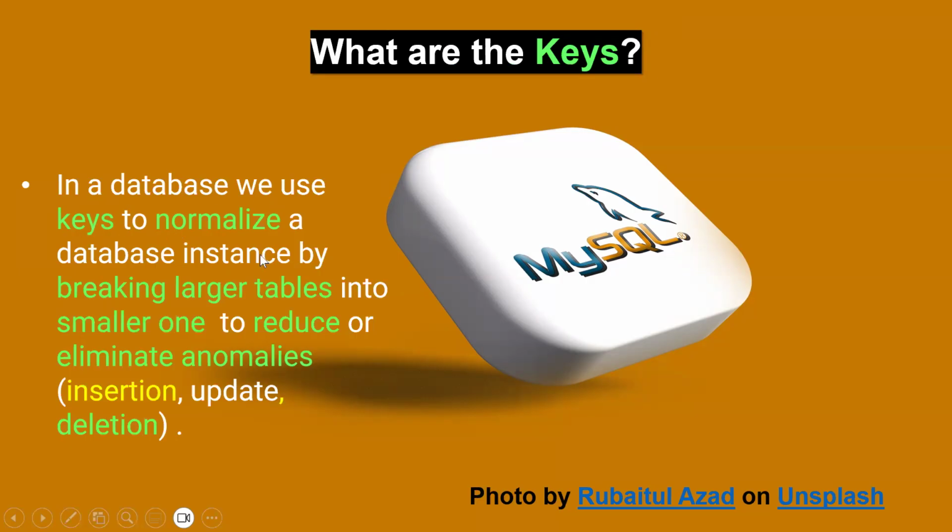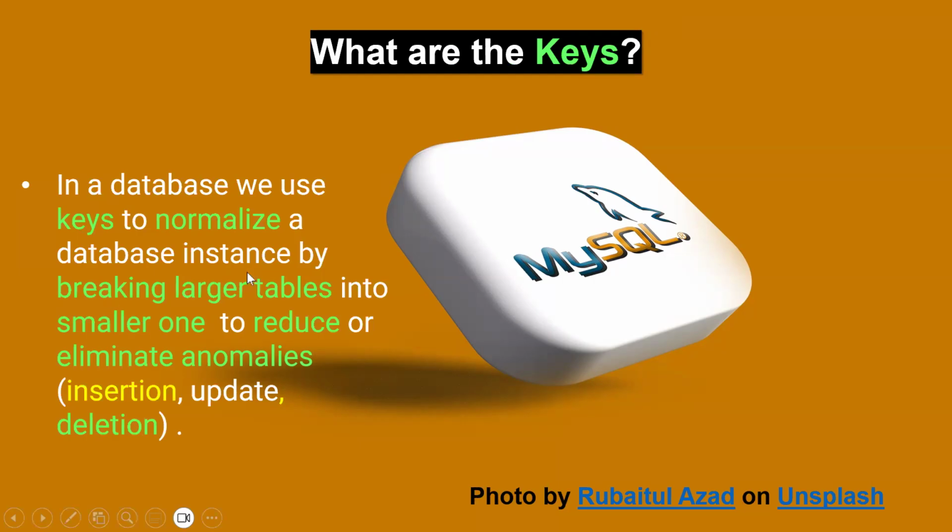You use those keys to normalize a database by breaking a larger table, a table that has maybe 10 attributes or 10 columns. You could call them columns or attributes. In a relational database it is called an attribute, and in the regular database we call it a column. And a row would be called a tuple in a relational database, and in the regular database it is called a row.